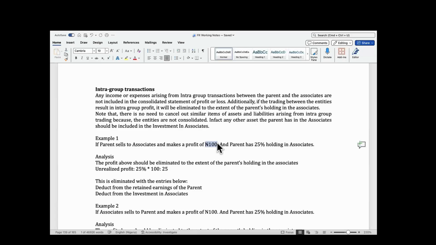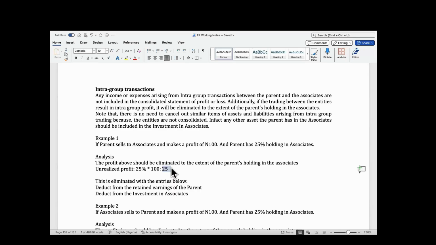Now we are saying that this profit should be eliminated to the extent of the parent holding in the associates. Meaning what you eliminate is only 25%, which is my holding in the associates, of this unrealized profit. So the amount you would only eliminate is 25.